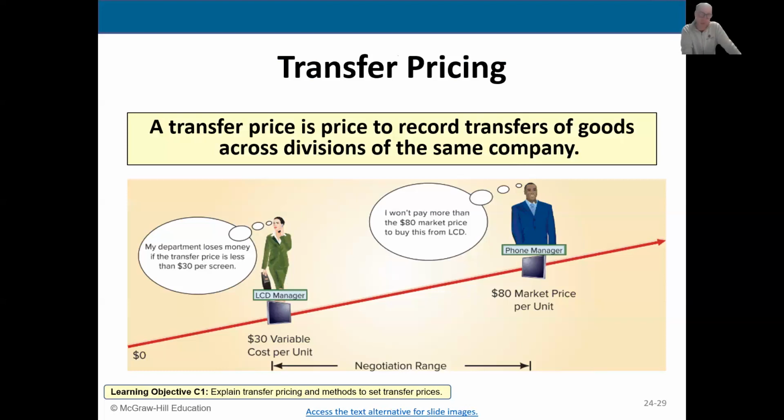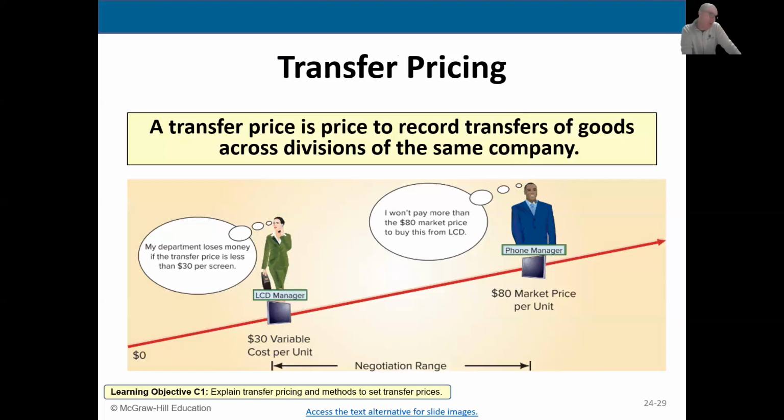The market price for the LCD TVs is $80 to buy. So the negotiating range is going to be between the low transfer price and a high transfer price, which is also known as the market price.